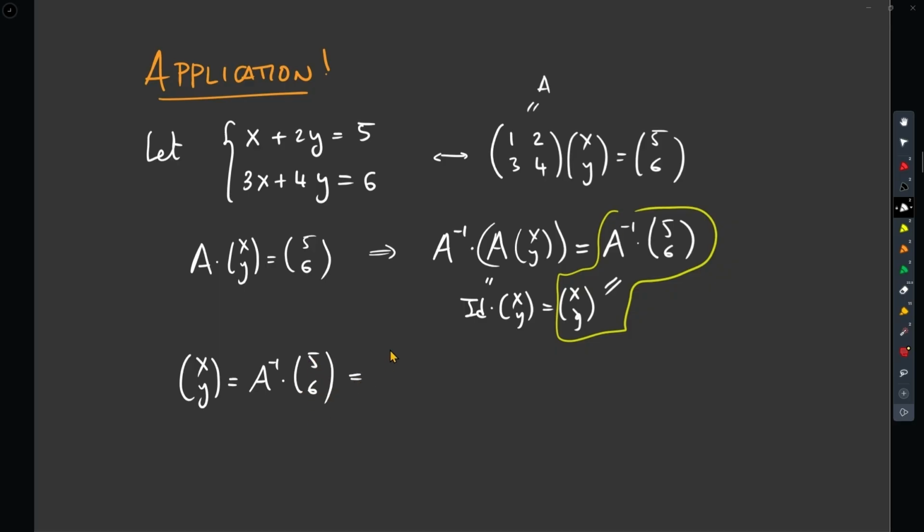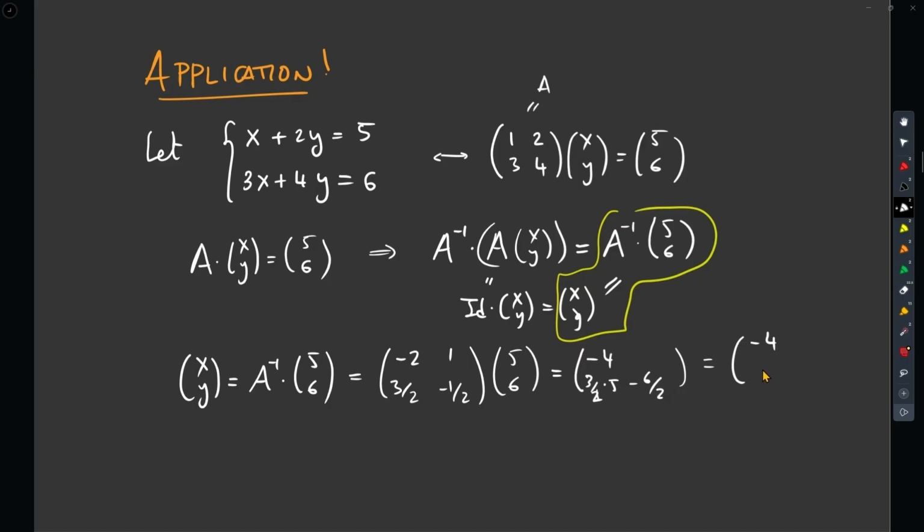I had calculated the inverse matrix was minus 2, 1, 3/2, minus 1/2. And if I multiply by 6, I get minus 10 plus 6, which is minus 4. And 3/2 times 5 minus 6/2 is 9/2. So apparently the solution is minus 4, 9/2.